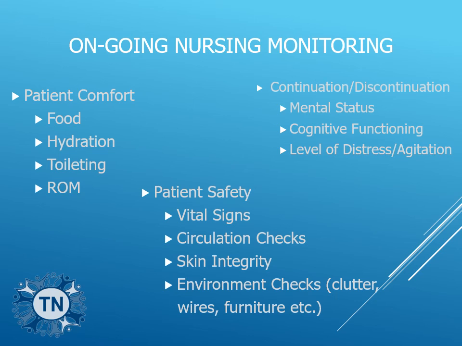We should assess patient mental status and cognitive functioning, and try to reduce the level of distress and agitation through intervention or medications if possible. Patient safety, again, is foremost the most important. Vital signs should be assessed, as vital signs can also put a patient at risk for falls. We should do frequent circulation checks, skin integrity checks, and obviously environmental checks for clutter, wires, and furniture to make sure that the environment is clean.